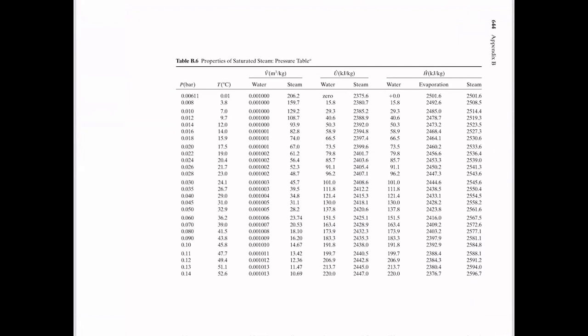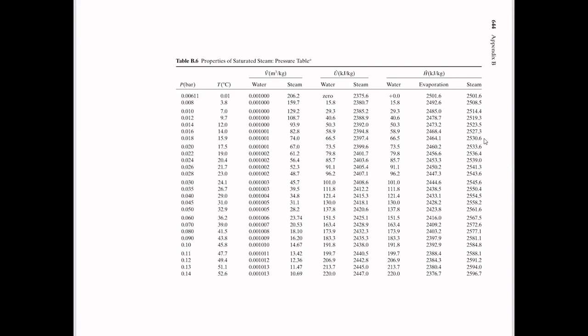Alright, now for this steam various properties are always given to you. The properties that are given are the specific volume of water and steam at that temperature and pressure, then the internal energies of water and steam at that particular temperature and pressure, and then specific enthalpies are given.